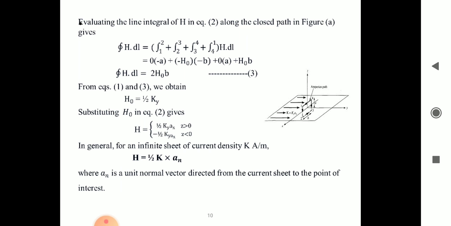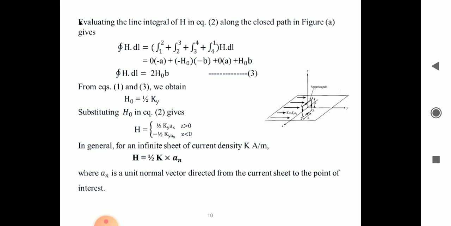In general, for an infinite sheet of current density K, H is equal to half K cross an, where an is a unit normal vector directed from the current sheet to the point of interest.